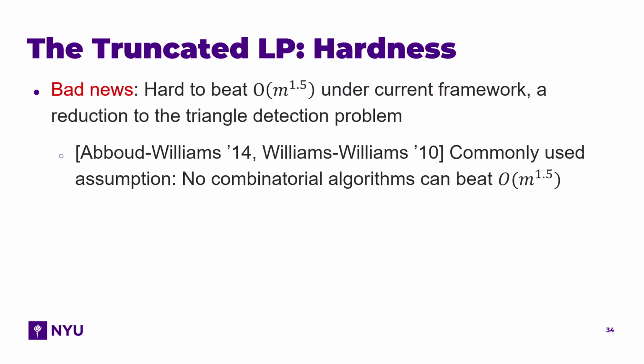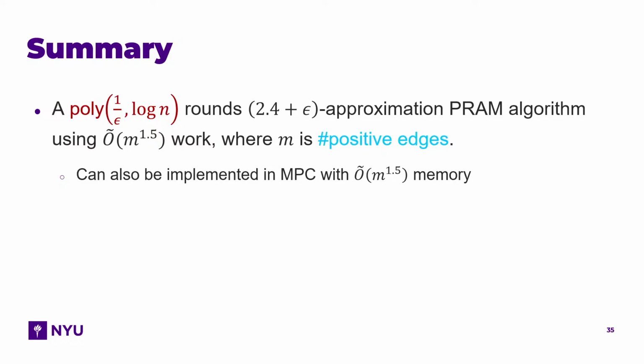It's believed, this is a conjecture, that no combinatorial algorithm can beat m to the 3/2, even if you want to find just one triangle. Okay, that's our algorithm. That's the intuition for why we get this low depth algorithm. And our algorithm can also be implemented in the MPC model.